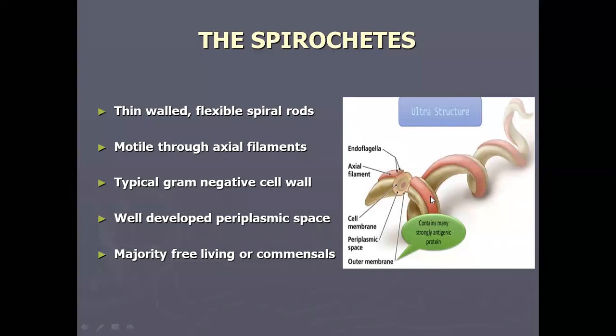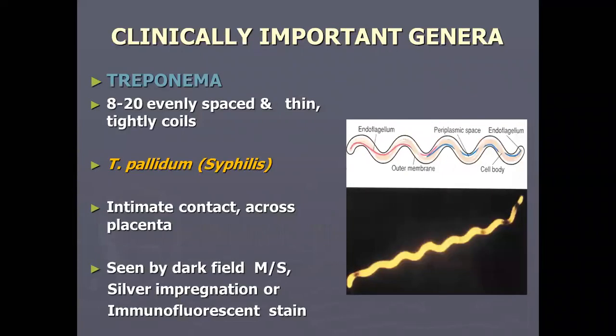Typically, as they have the well-developed periplasmic space, they are gram-negative cells, and the majority of these organisms, the spirochetes, are free-living commensals. So thin-walled, flexible, gram-negative cell wall having endoflagella and the well-developed periplasmic space. These are the major characteristics of the species of the spirochetes.